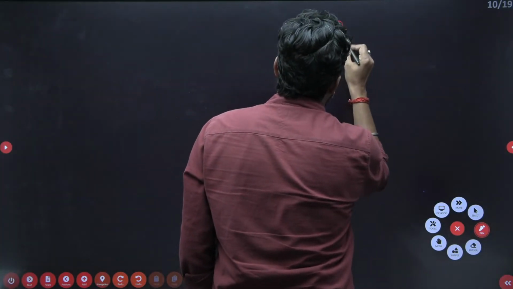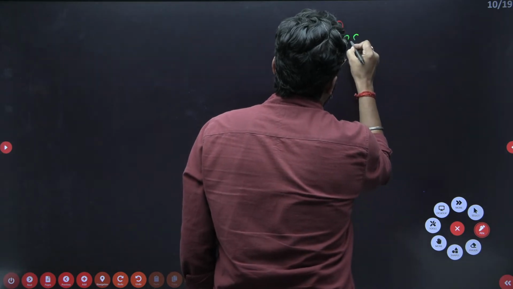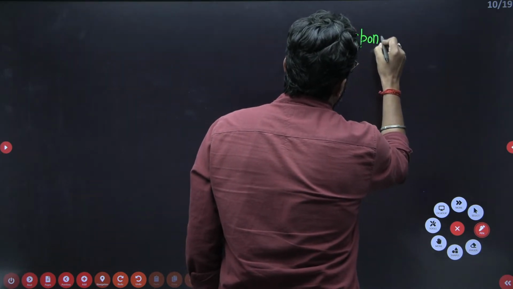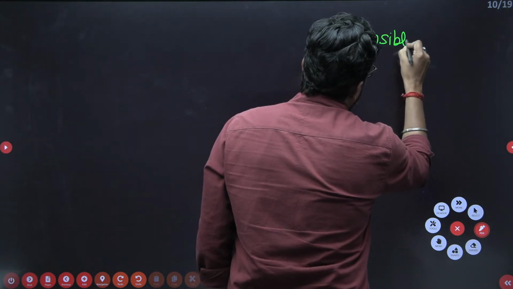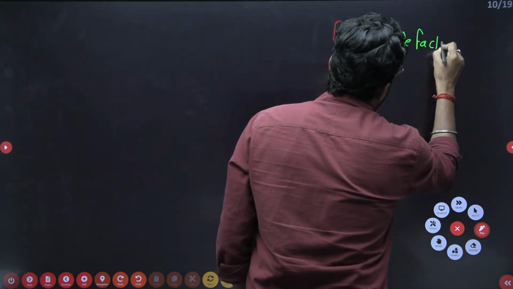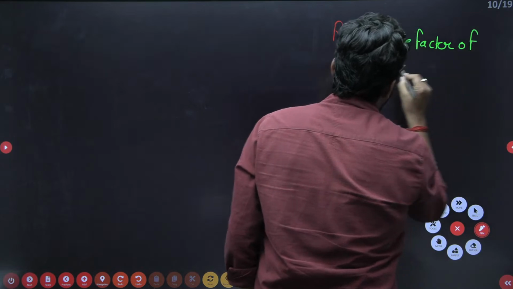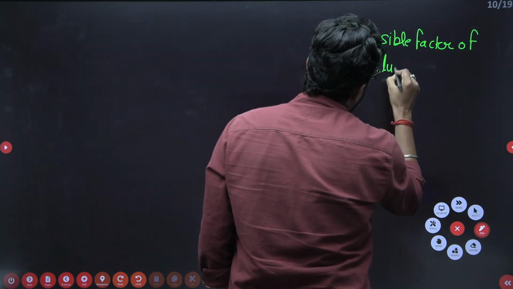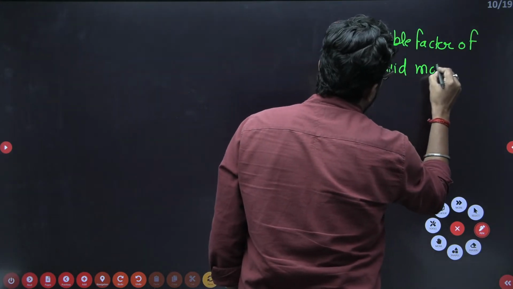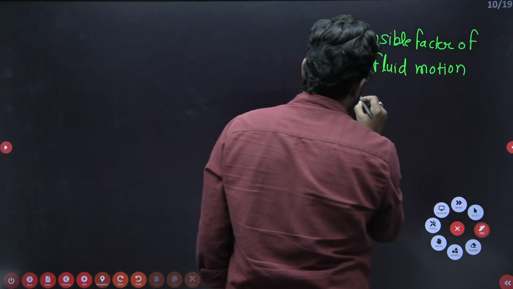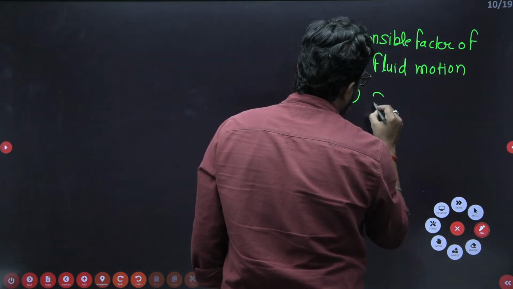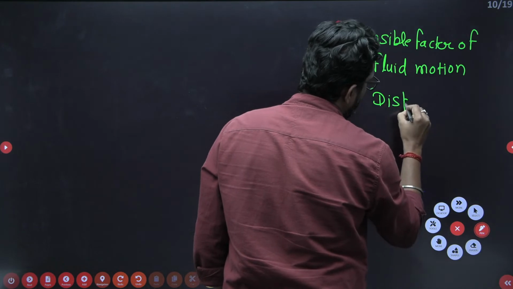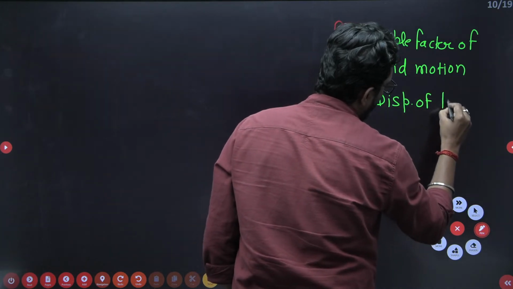The responsible factors of fluid motion. Number first, displacement of boundary.